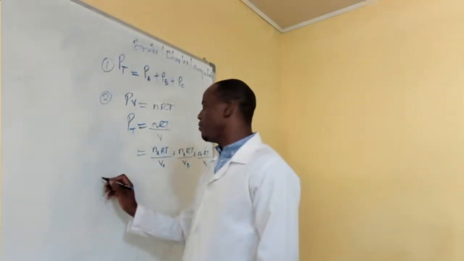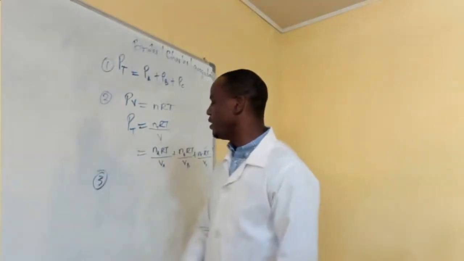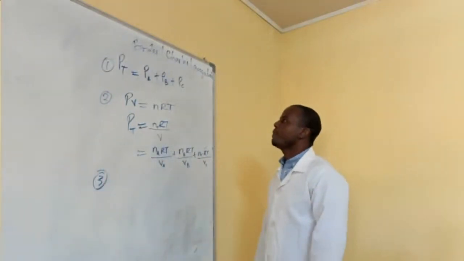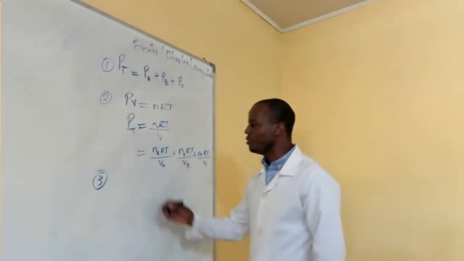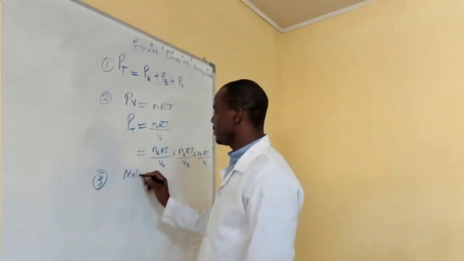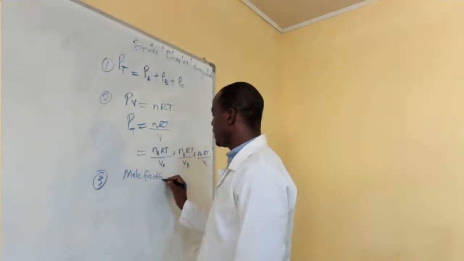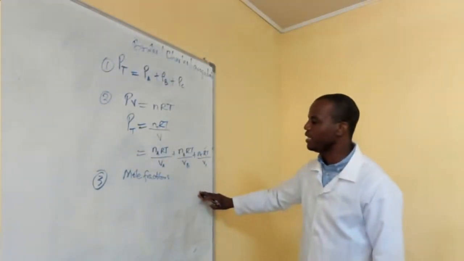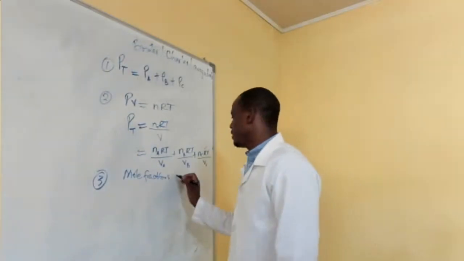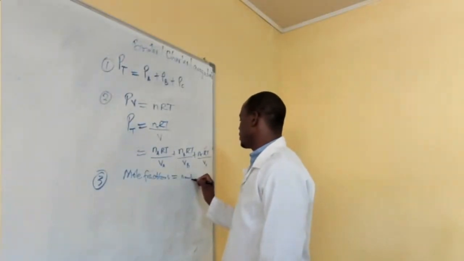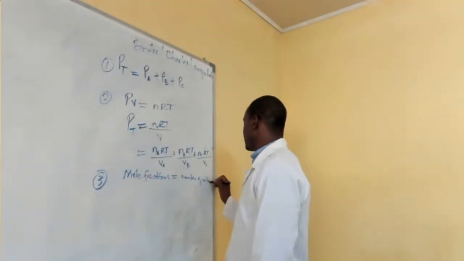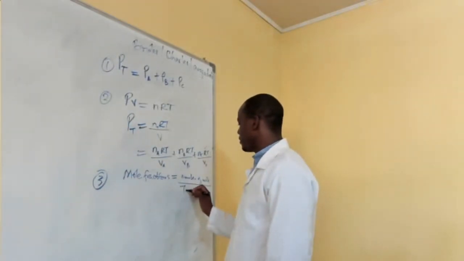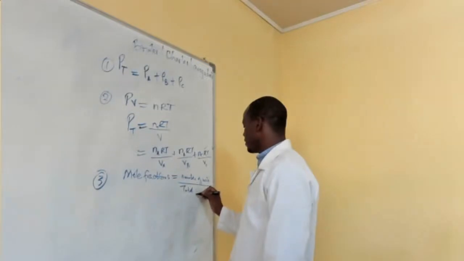The third way you can calculate the partial pressures is to use the mole fractions. Okay. Now the mole fraction is basically a number of moles of a gas divided by the total number of moles in the container.